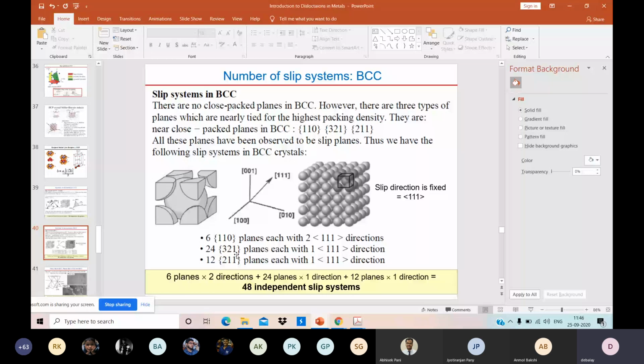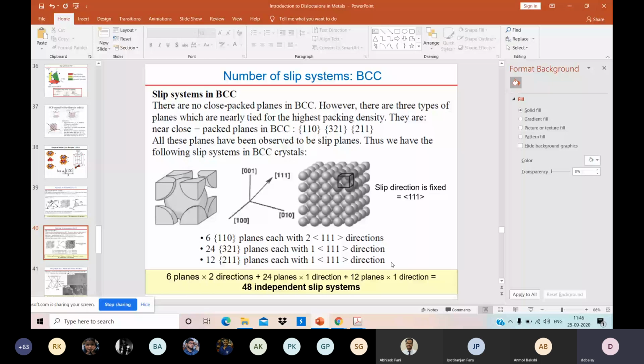And 12 112 planes, each with 1 111 direction, so from here comes 12. So 24 plus 12 equals 48. And among them, 5 get activated. No problem. So reasonably they are ductile, but less than FCC because the planar density is less.